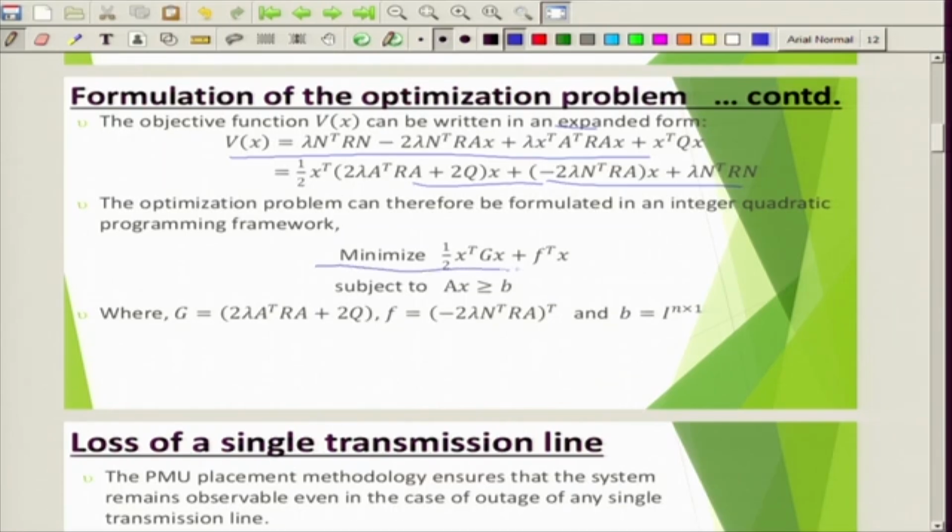The objective function is to minimize, where you can see g and f are constants, subject to the constraint Ax is greater than or equal to b, that means there should be minimum observability. So what is the minimization here? The objective is to reduce the cost, subject to a constraint of minimum observability.